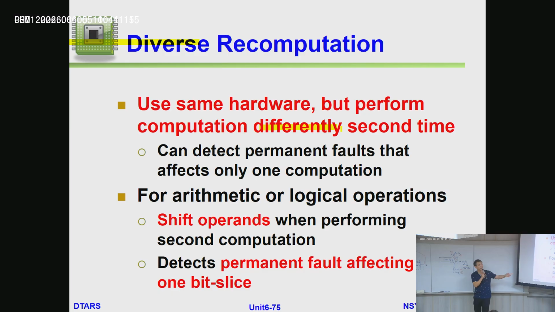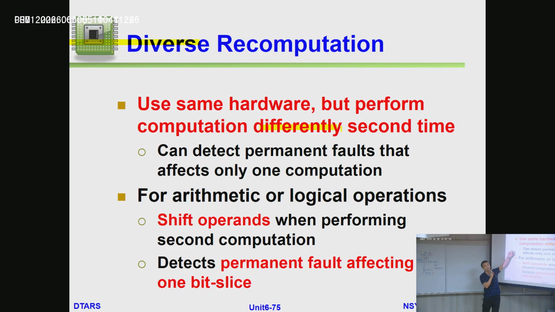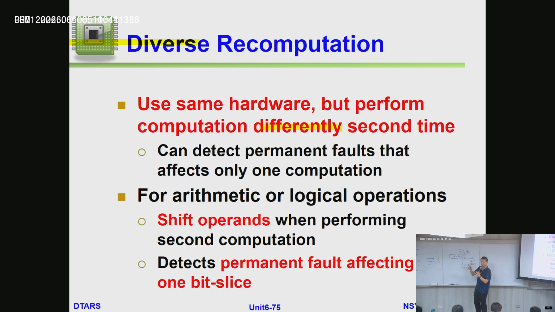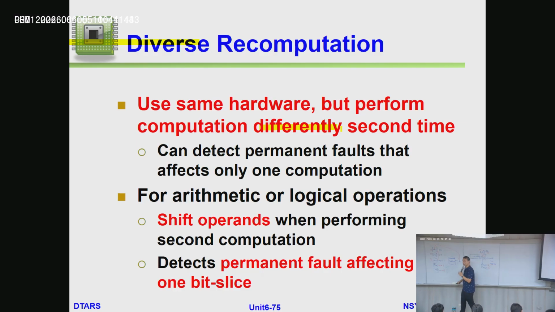So that is why we say it is possible to make our time-based methods detect permanent faults, but we need to do diverse recomputation. And we may need to modify the hardware so that we can shift the input to this hardware and compare whether there is any permanent fault here.